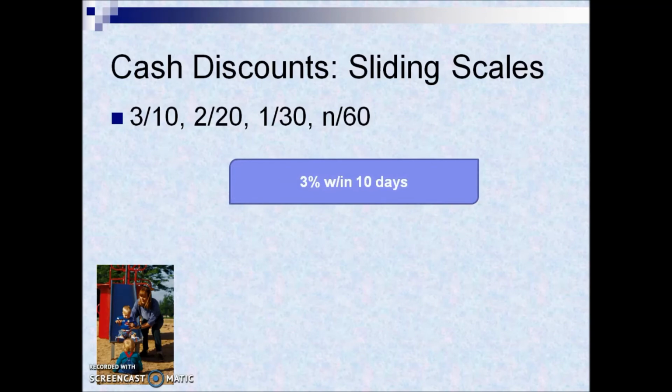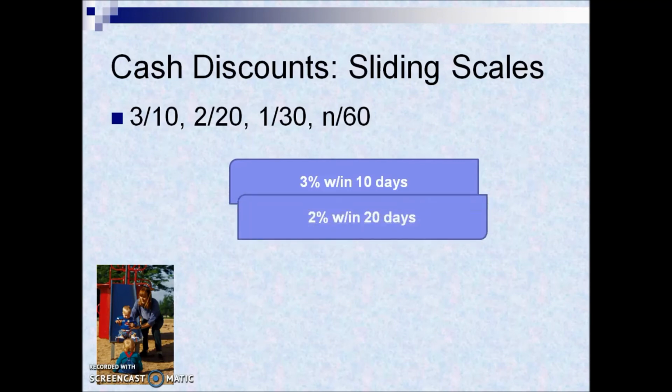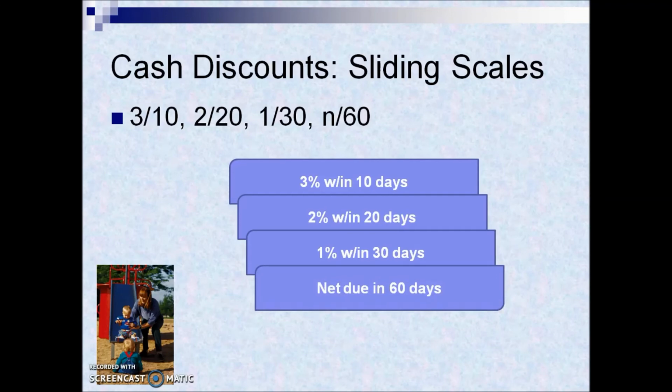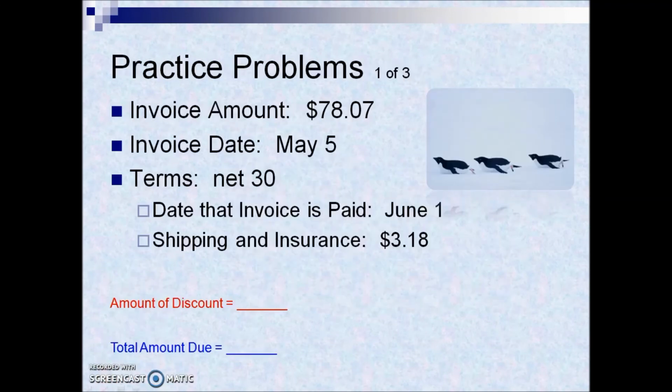In the next 10 days, between 10 and 20 days, in other words, within 20 days, they are eligible for a 2% discount. If they miss that deadline, the next 10 days, which puts them at 30 days from the invoice date, they are eligible for a 1% discount. And finally, the N60 means the invoice amount is due within 60 days of the invoice date.